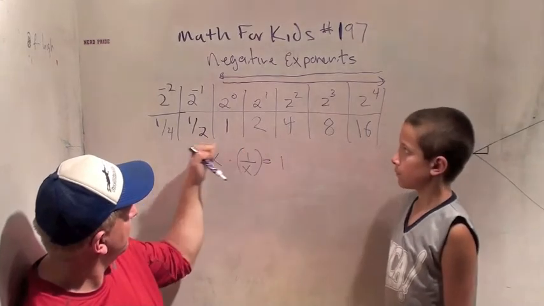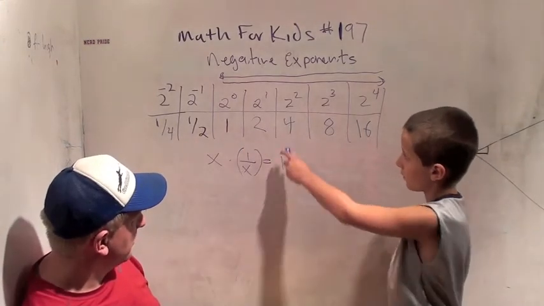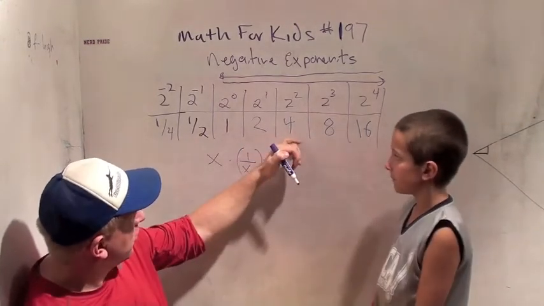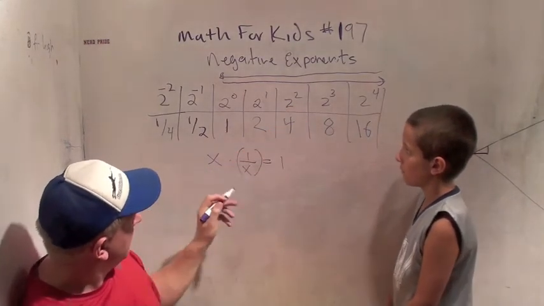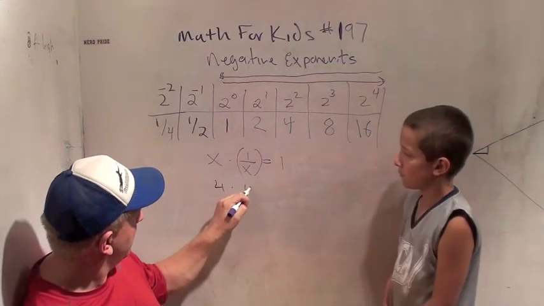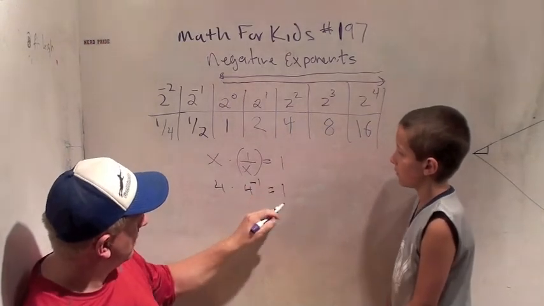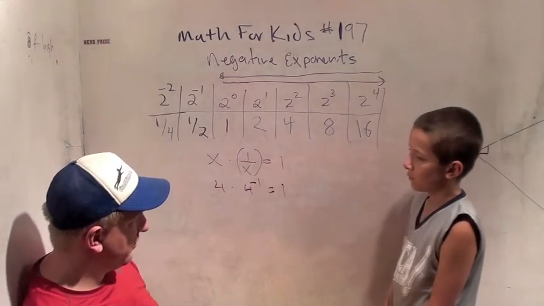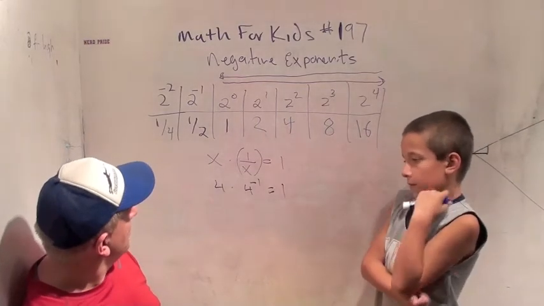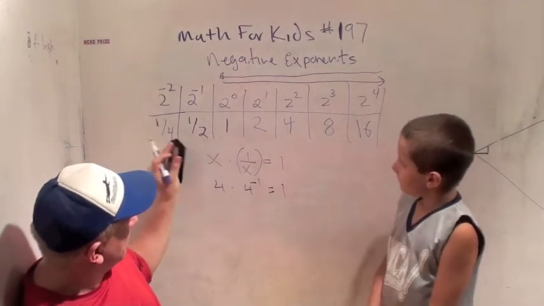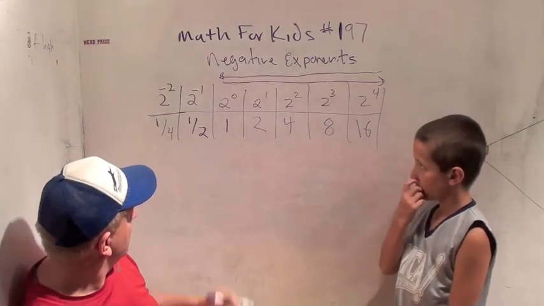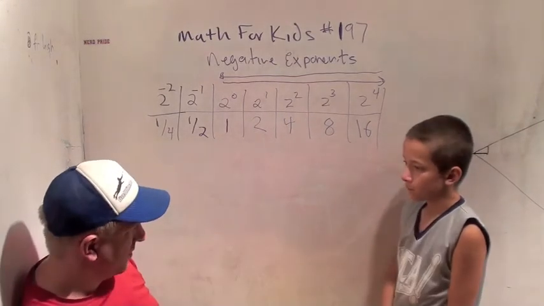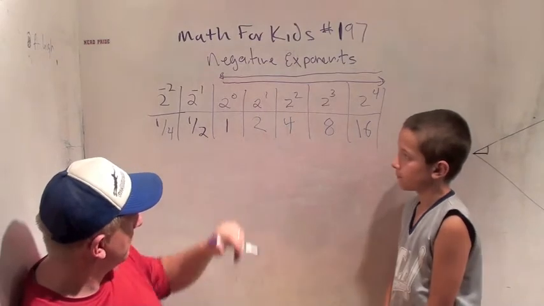So here's 2, here's 2 to the minus 1. So 4 and a fourth. Here we're writing 4 as 2 squared, but 4 times 4 to the minus 1 should equal 1, and that means 4 to the minus 1 should be a fourth. So negative powers are pretty much the same as normal powers, except you start producing fractions: 1 divided by the normal powers.